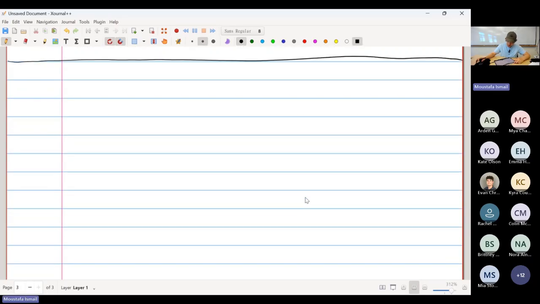So this is part 2, which is 1D kinematic equations with constant acceleration.